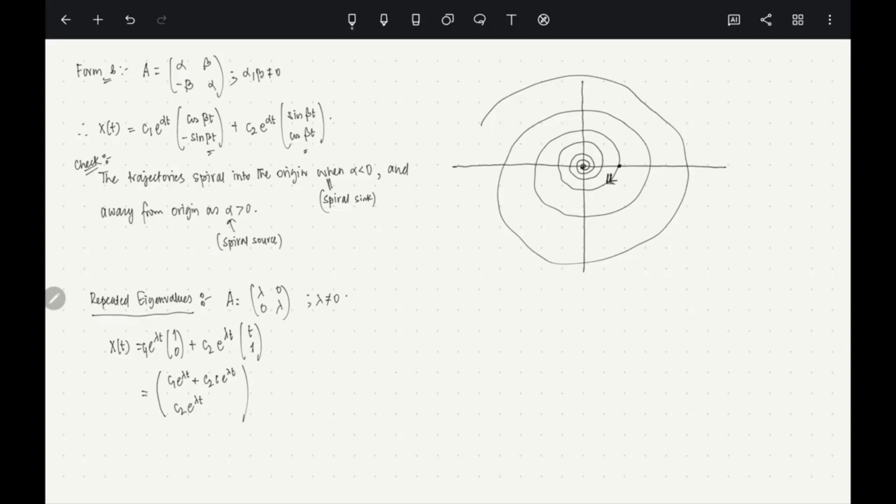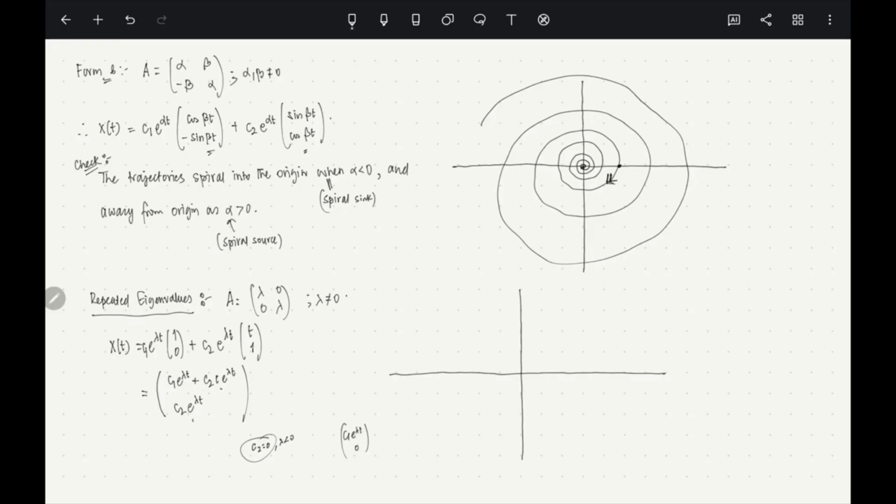Now if I want to draw the phase portrait for this particular thing, let's just draw that. I'm not going to draw everything here, I'm just going to give you an idea. If C2 is 0, and lambda is negative, let's say, it can be negative also, then this particular term is not there, so you actually end up with C1 e power lambda t and 0.